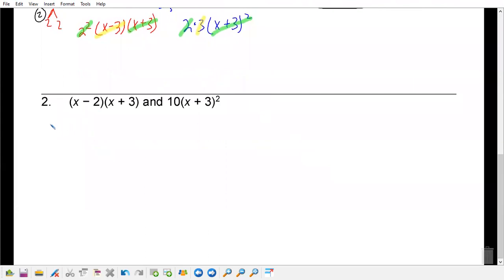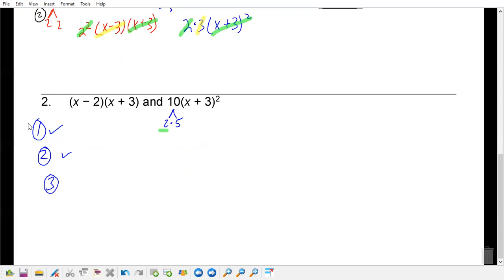So step 1 is to factor completely. Everything is already factored completely, so factored, check. Step 2 is to write our numbers in prime factorization. Well, this number is 1, so it's good to go. This one is not in prime factorization, so it becomes 2 times 5. Done. Step 3 is to look at your factors and prime factors and use the greatest power of each one.